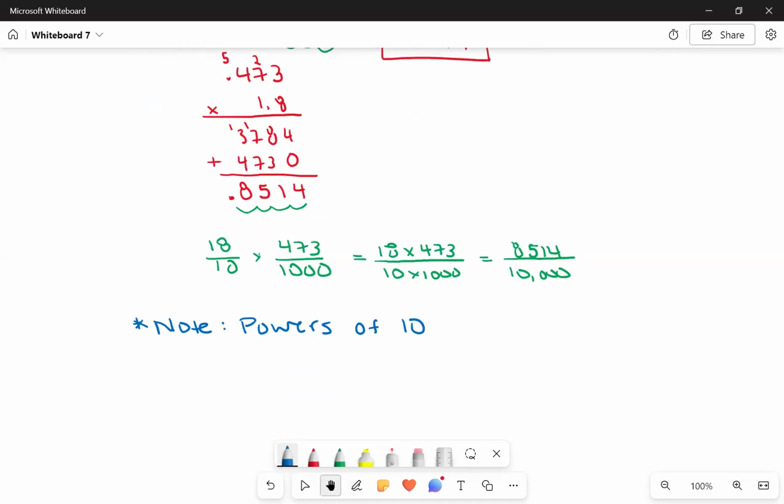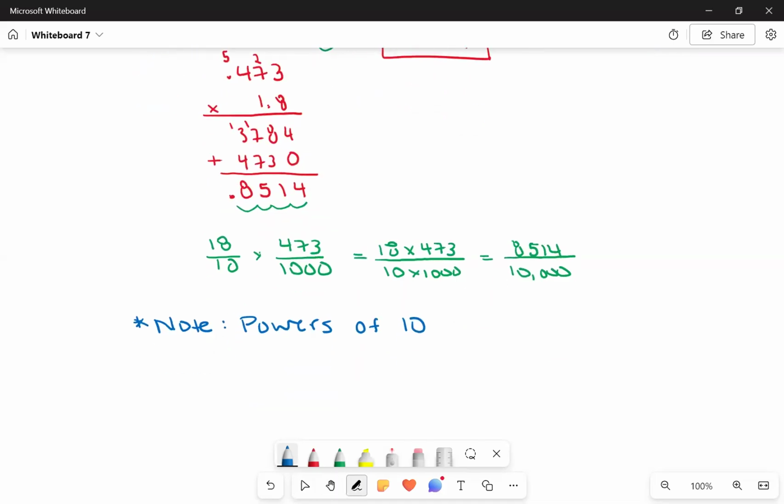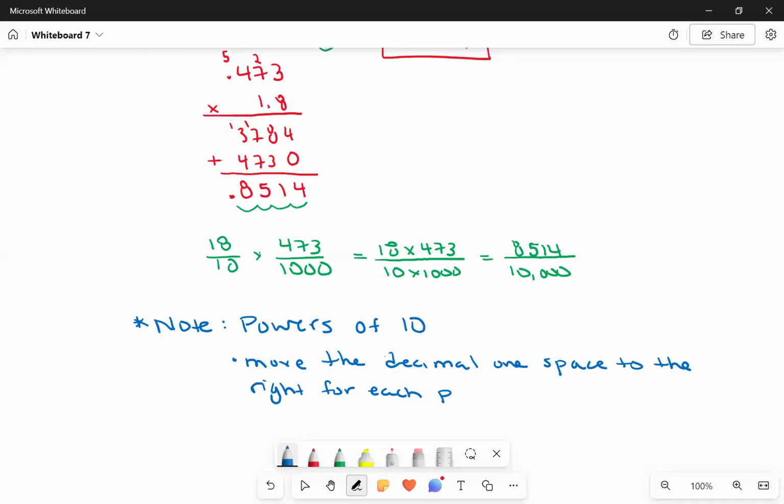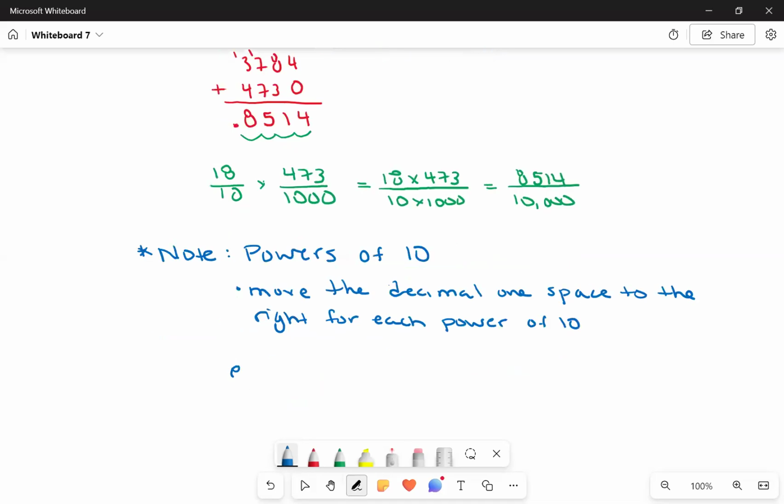So the basic strategy when you multiply by powers of 10 is you move the decimal one space to the right for each power of 10. Which is actually really easy to see. Let me give an example.